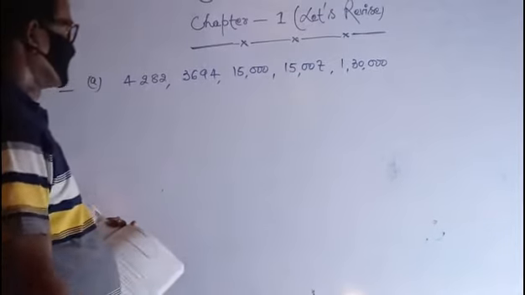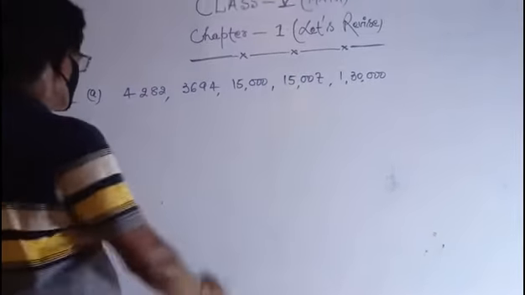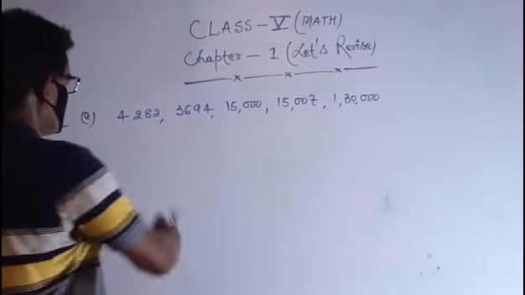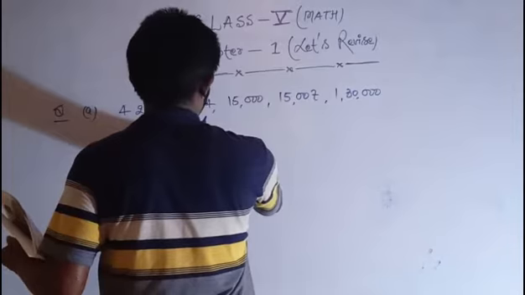Ascending means in increasing order. It means the smallest number will be first. Which is the smallest number?